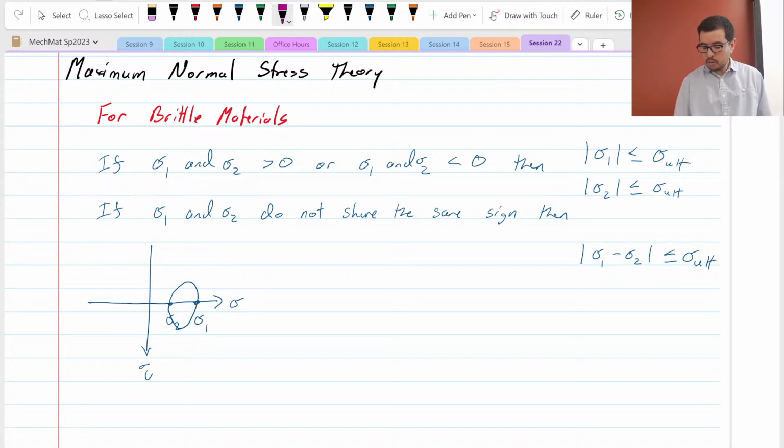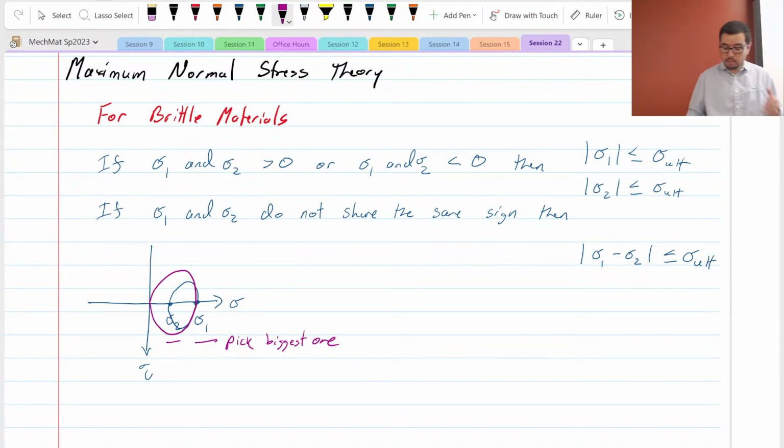But you also have a sigma 3. Actually, it doesn't matter, sorry. You just have to pick the maximum normal one. That's the whole idea. You just have to pick the biggest one. Or you can draw it, it's okay, but either way, it's the biggest. The radius of this circle is sigma 1 over 2.